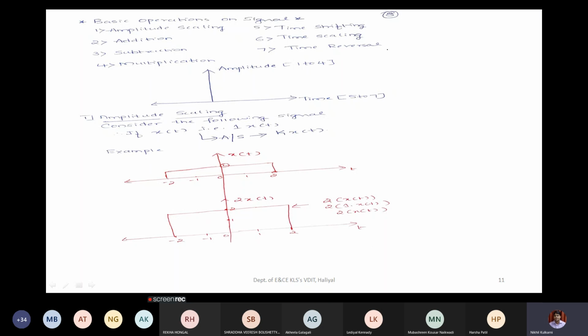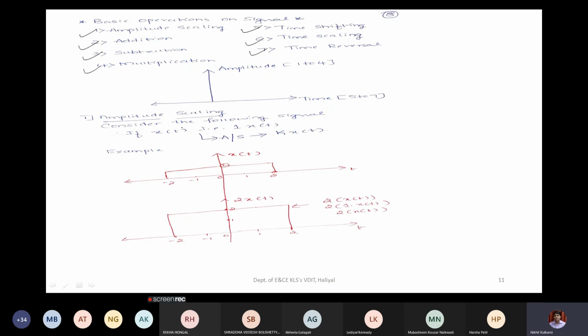Basically, we can perform not only these 7 operations, we can perform more than these also. We will be discussing first amplitude scaling, followed by addition, subtraction and multiplication, and also time related operations, that is time shifting, time scaling and time reversal.